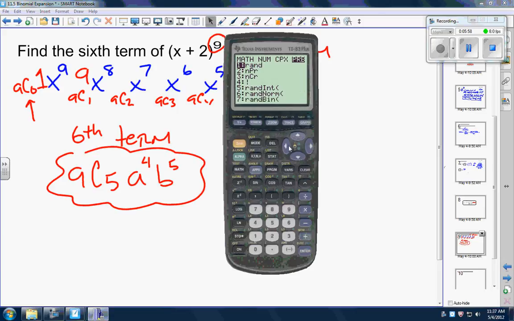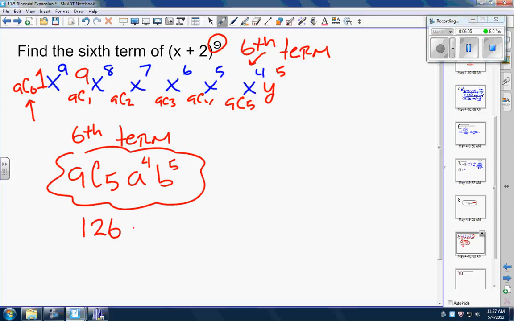You can use your calculator for this. 9 choose 5 gets us to 126. Now, what is the A and the B? There's your A, and we're going to let the B be a 2. So we're going to say 126, the A is an X, so we'll just keep that as X to the 4th.